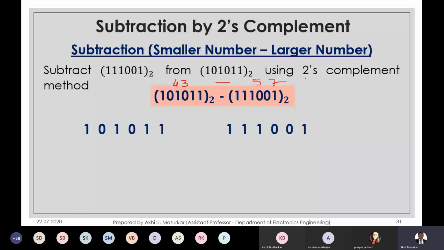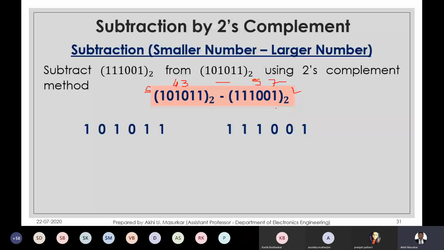Now, if you carefully read, the step says determine the 2's complement of the larger number. So this is the larger number. What will be the 2's complement of the larger number? Can you post it?